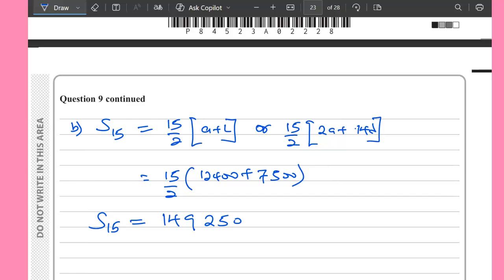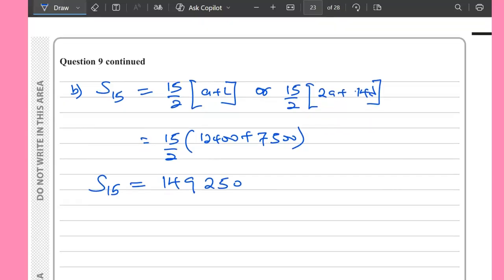And remember, you're always required to give the answer in terms of 3 significant figures, so therefore this one will be 149,000 as the sum of the first 15 terms.